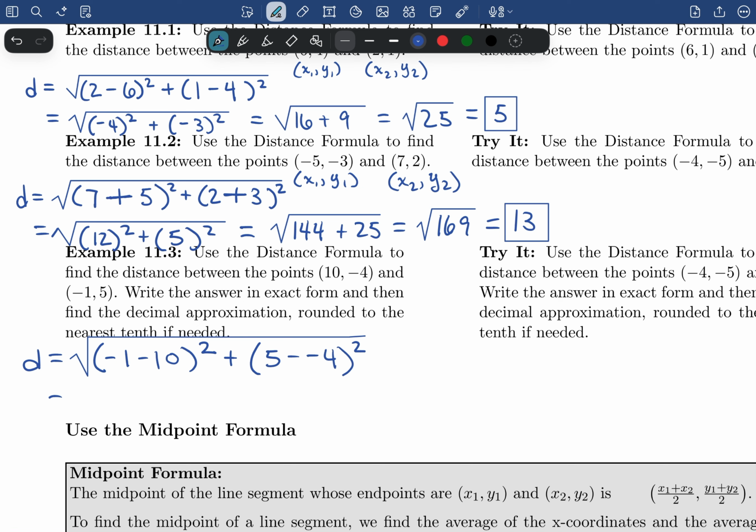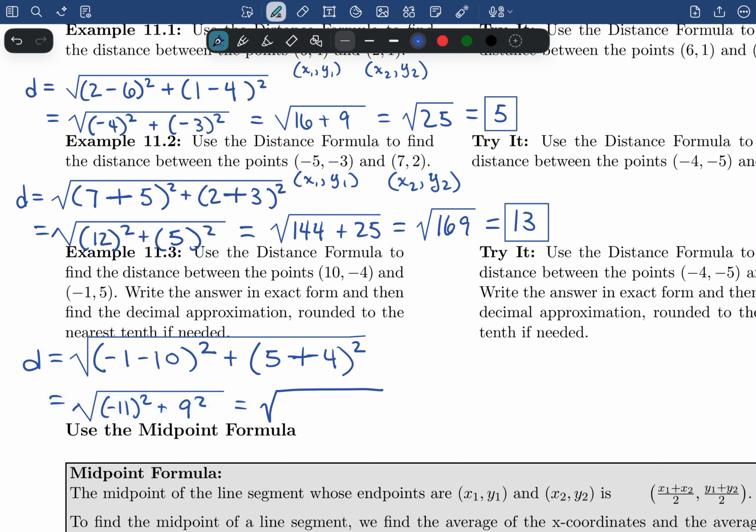Great, let's clean it up. I've got the square root of negative 1 minus 10. That's negative 11 squared. Plus 5 minus negative 4, well, that becomes a plus, and so 5 plus 4 is 9. So I get a 9 squared. And now I'll do the squaring.